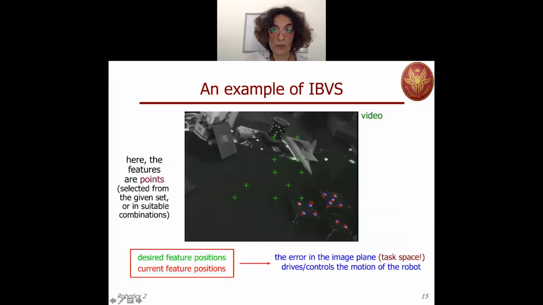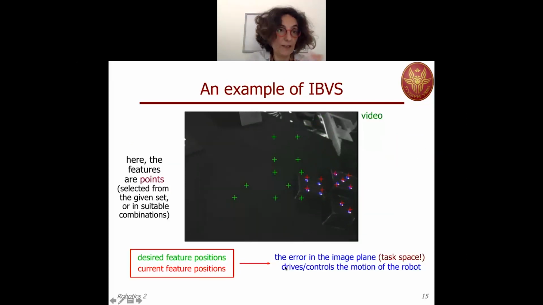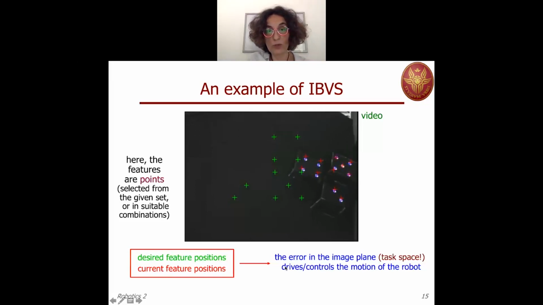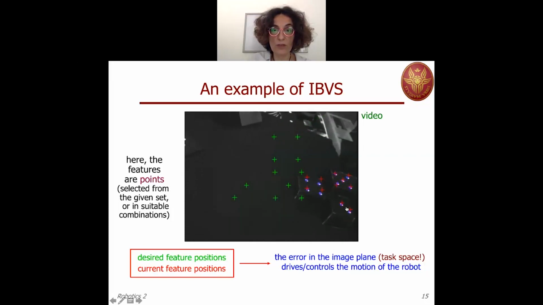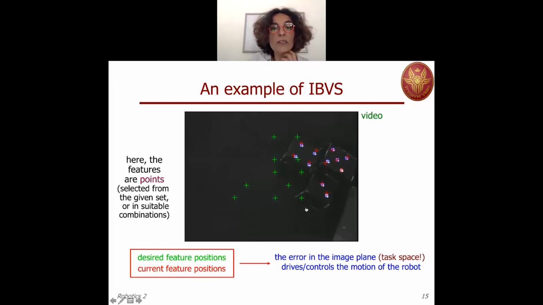Here we have an example of the effect. Here we see what we can do with the visual servoing control scheme, an IBVS. The desired position of some features in the image plane is given by the red crosses defined on the image.